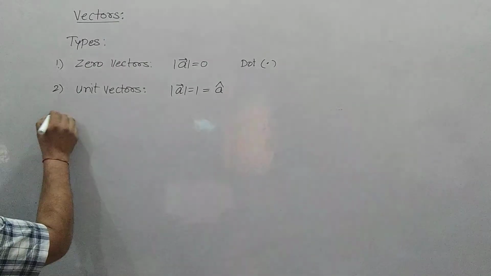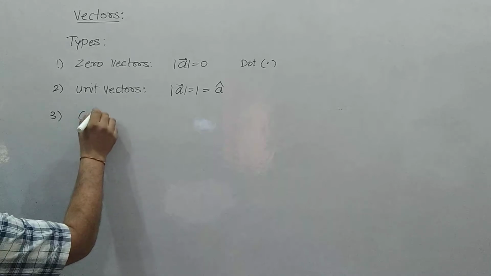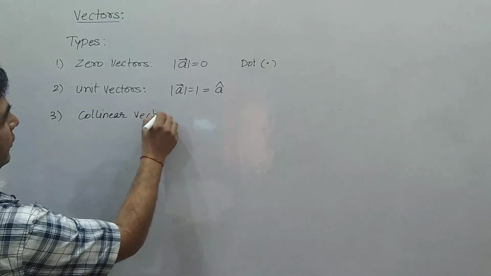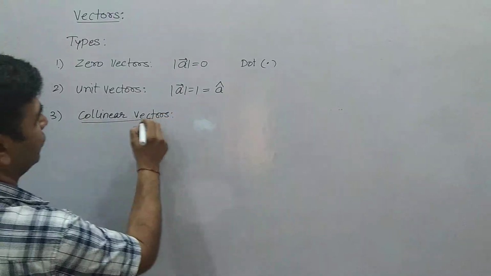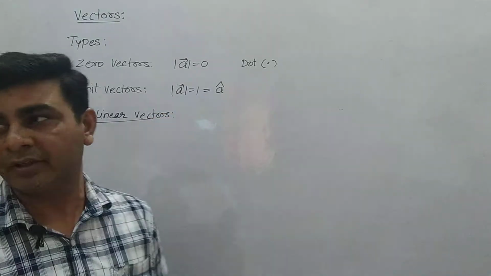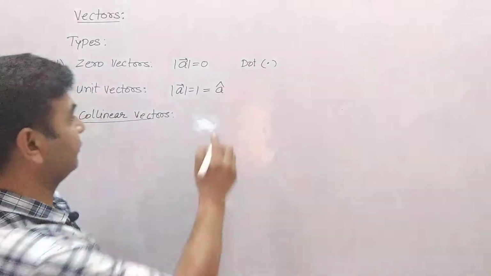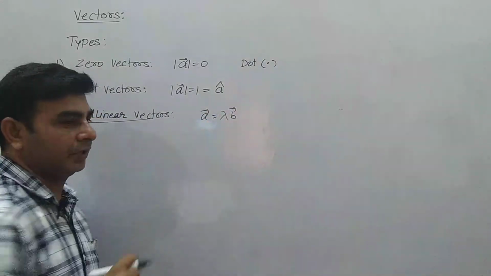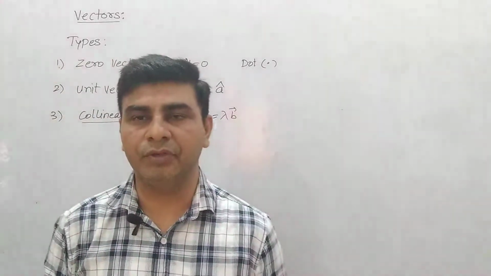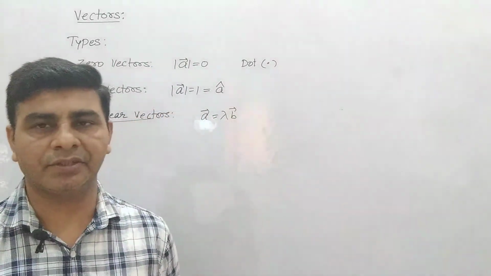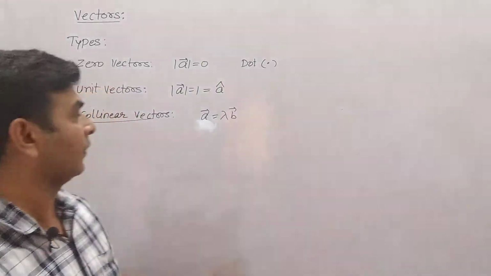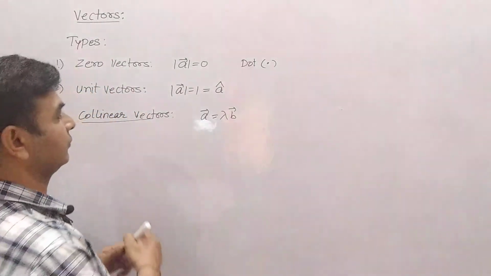Next is your collinear vectors. Two or more vectors are said to be collinear if vector A is equal to lambda of vector B. Means if the respective components with respect to x-axis, y-axis and z-axis are proportional to each other, then these are known as your collinear vectors.